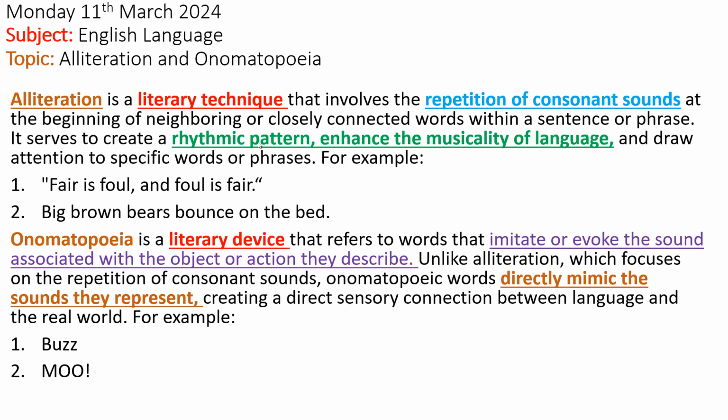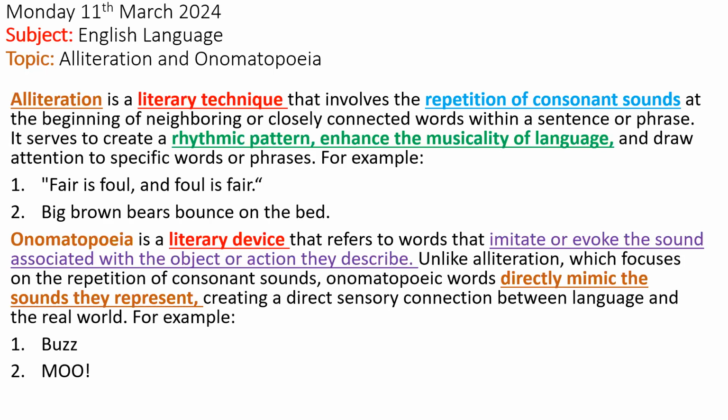So the great exercise is going to be based on these two literary techniques, which we call figurative language. You find them in poems, and in essays as well, especially narrative essays.